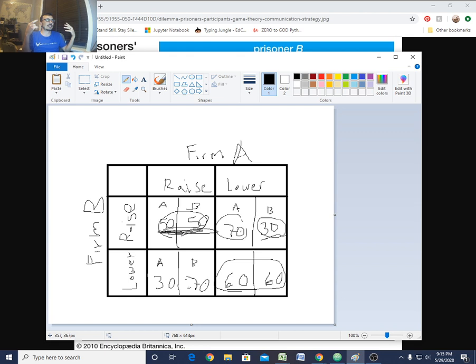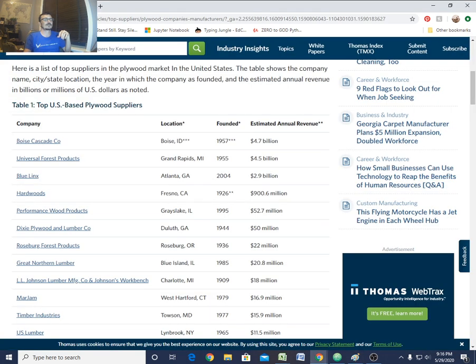Everyone just raises their prices and raises their prices, and you end up in this suboptimal solution. So that's an explanation. Hopefully that made sense about plywood, and some neat things about plywood, and why it is the way it is, why it's so expensive.